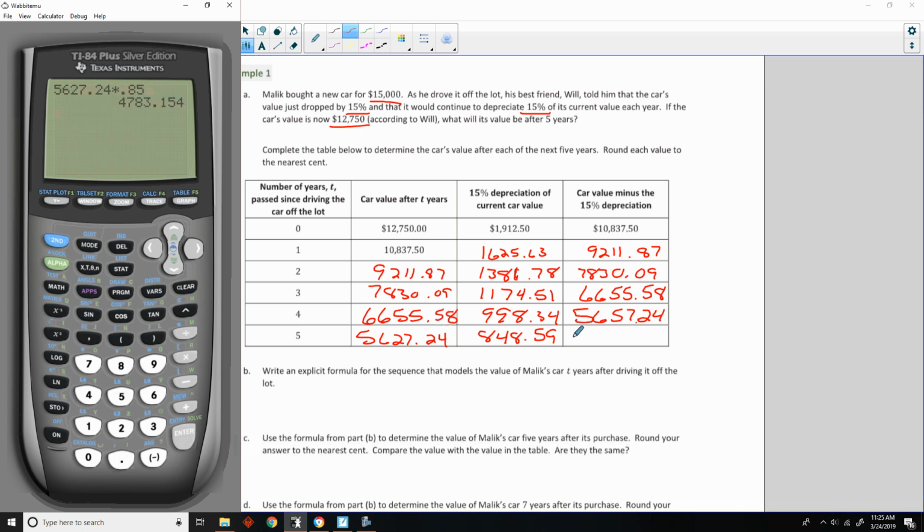We'll get there. 4783.15. Let me do it another way. Just checking. 5627.24 minus our 848.59 is 4778.65.